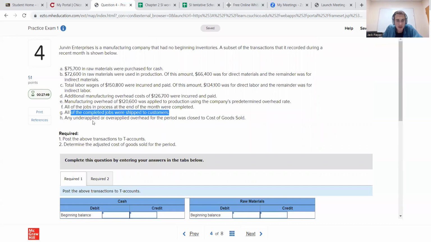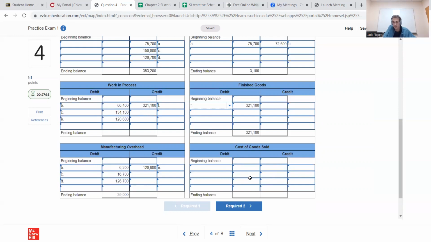Now, all the completed jobs were shipped to customers. Okay, some people think that this has to do with selling. It does not. It only has to do with cost of goods sold, because on the administrative side, the action of moving them from finished goods to cost of goods sold is the expense. Cost of goods sold is an expense account. So when they get sold, you expense them.